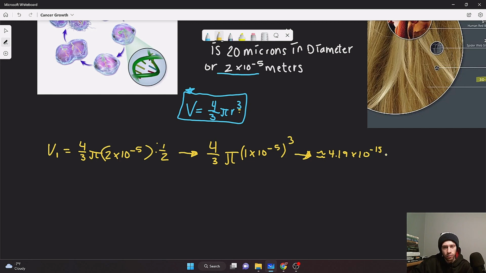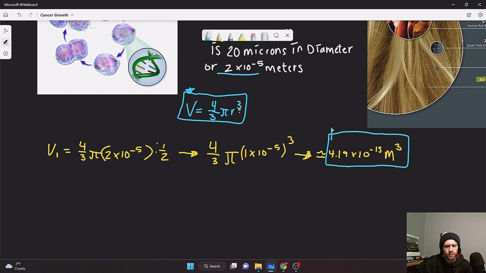And this is all meters cubed, right? Because we cubed, this is meters, and so we're cubing it. And there we go. This is going to be the volume of an individual cancer cell, the typical cancer cell.